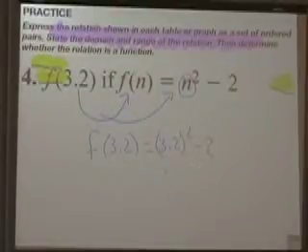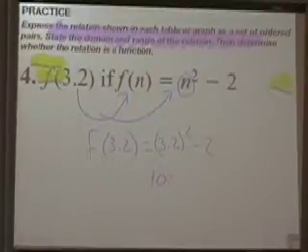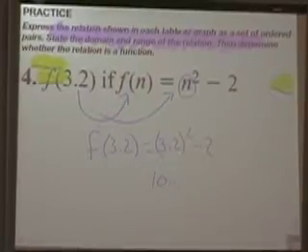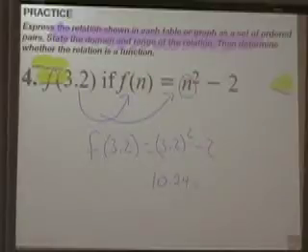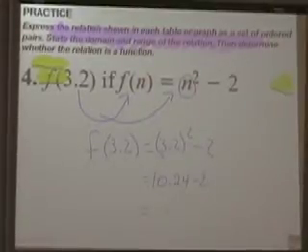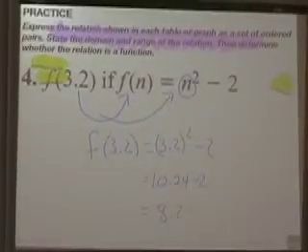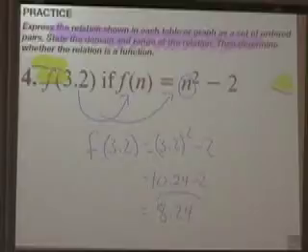Now 3.2 squared is 10 point something, what? Use your calculator. Alright, so 3.2 squared is 10.24 minus 2. So what does 10.24 minus 2 equal? 8.24. And that's your answer.